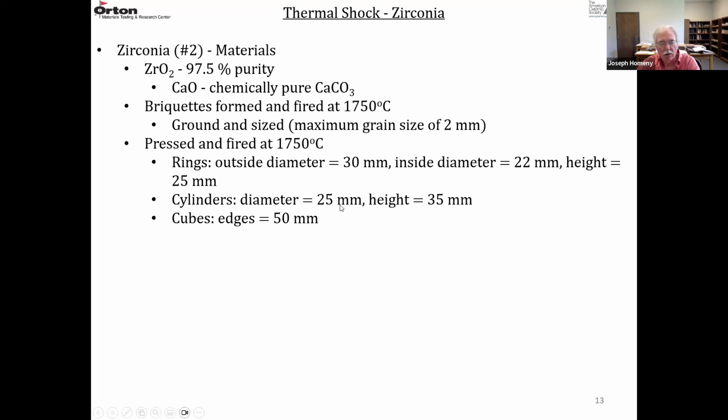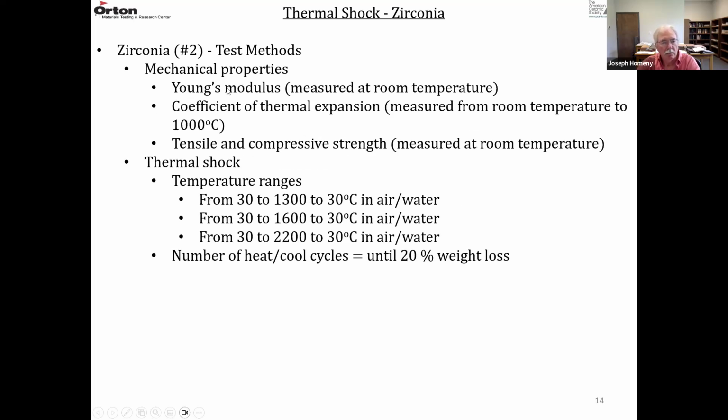Cylinders were about 25 millimeters in diameter and 35 millimeters high, and the cubes were 50 millimeters on all 3 edges. So they looked at 3 different shapes. They measured Young's modulus at room temperature. They measured the thermal expansion coefficient from room temperature to 1,000 degrees C. And they measured both tensile and compressive strength at room temperature.